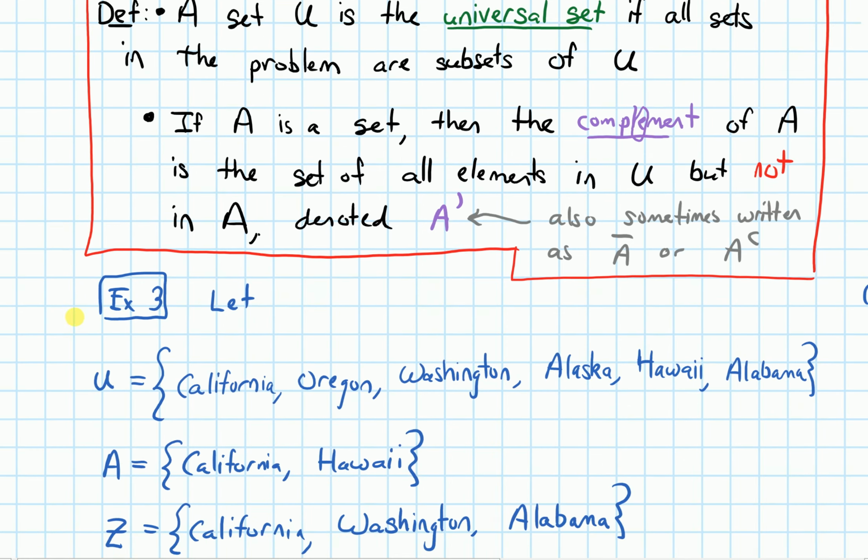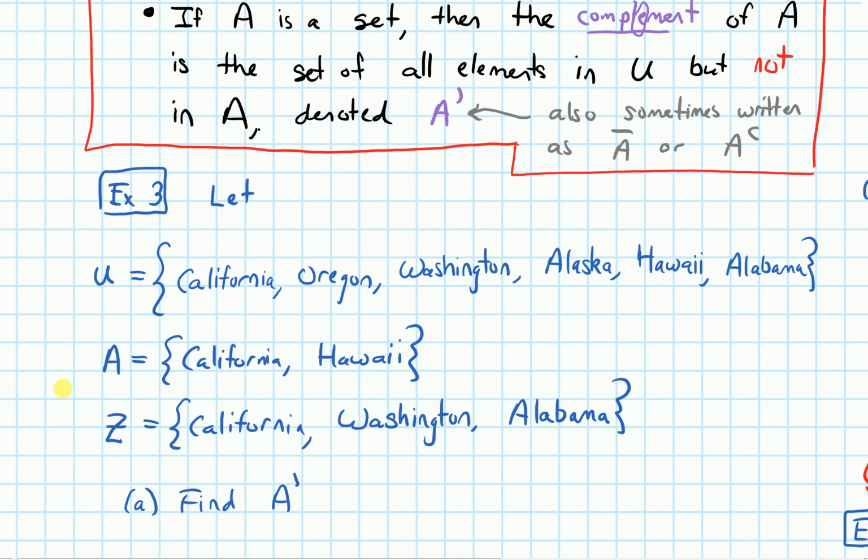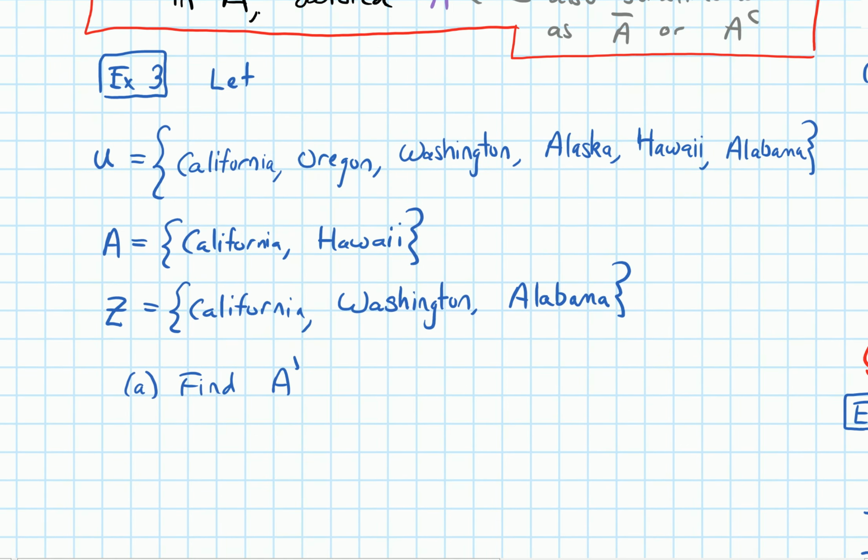So in this example, we have these three sets. Okay, and U is our universal set. So notice that this is given to us in the problem. And each of these sets contains some US states.